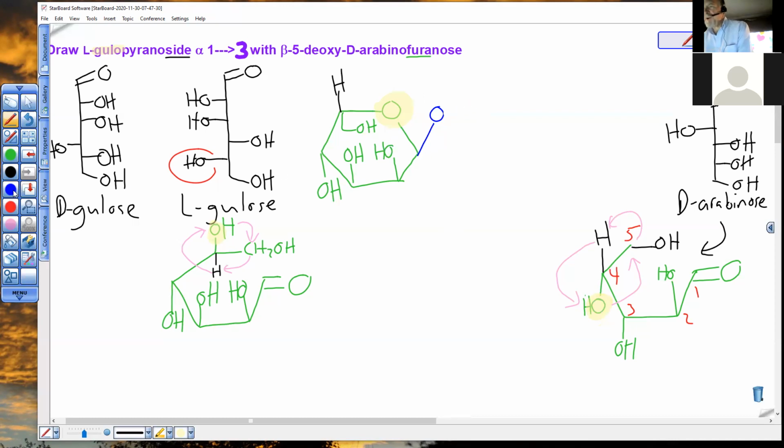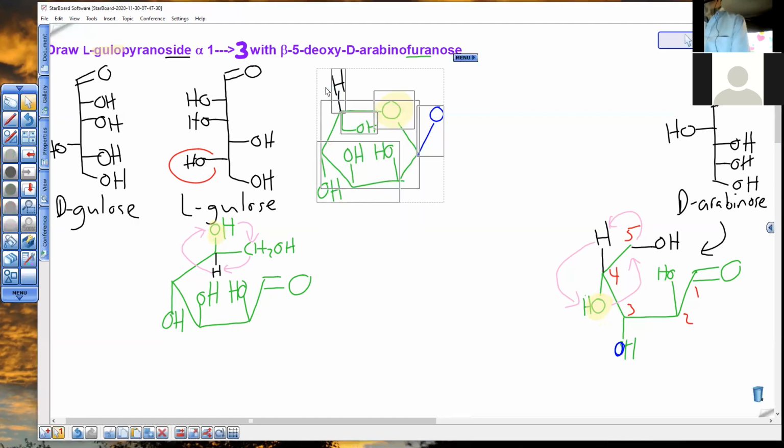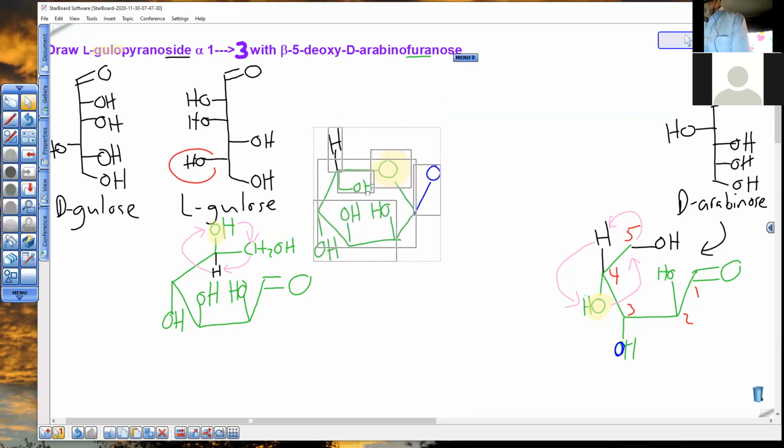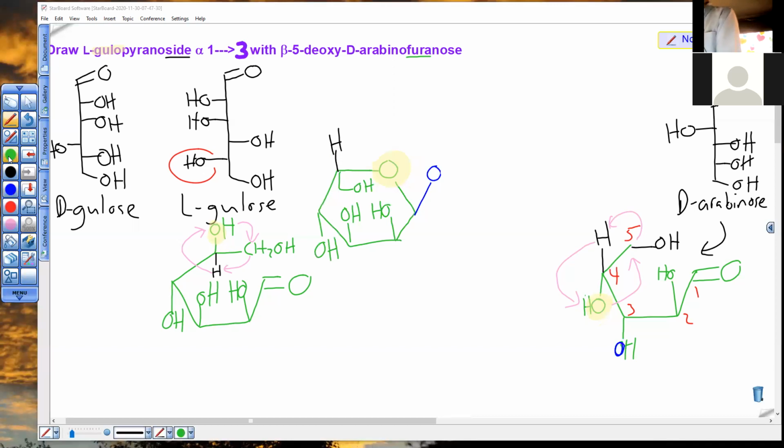There's my blue O. That's the blue O. So I'm going to copy everything here. That O is this O. It's already drawn. Yep, this is going to take practice.